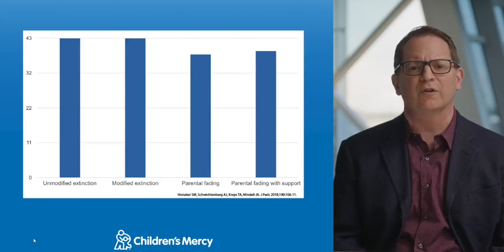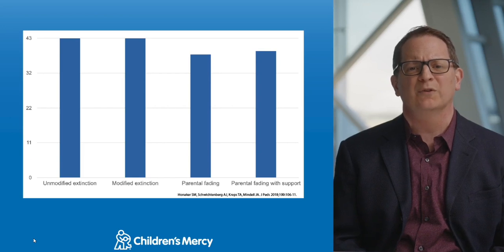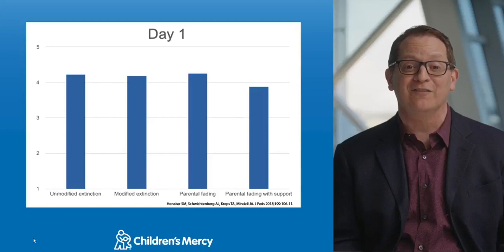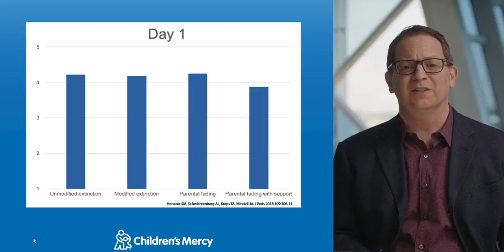So if you take the first example, the unmodified extinction, it's around 43% of families said that their kiddos cried that first night. How stressful is this? Yes. There's the answer. It's stressful. If you look at this slide here, it's a scale of 1 to 5, 5 being the highest, and we're over 4. So this is stressful for parents.